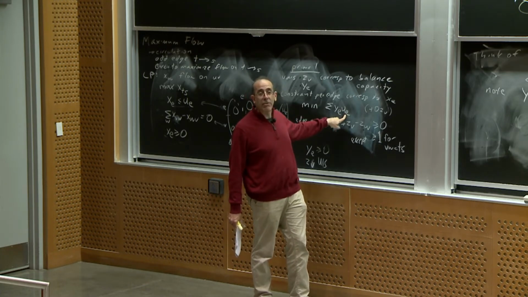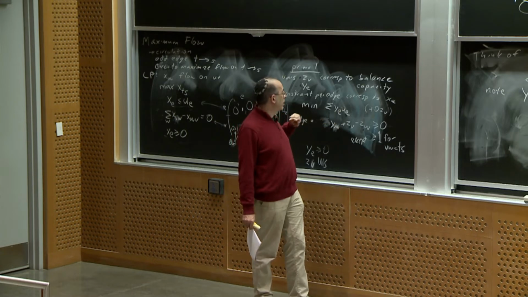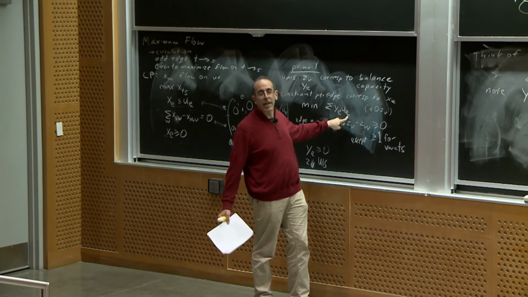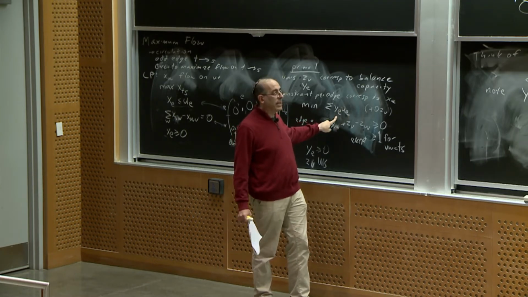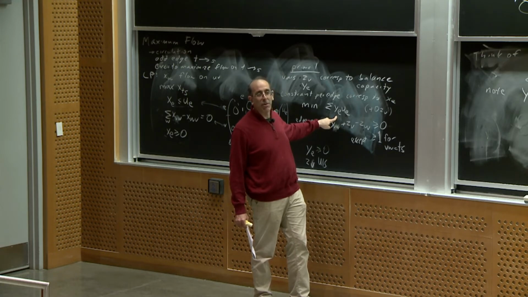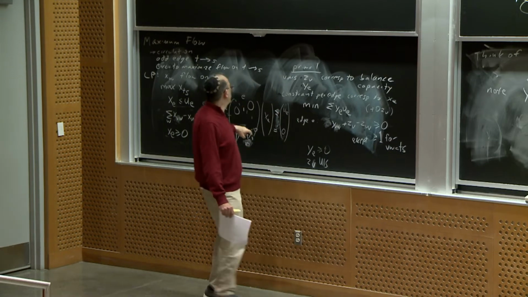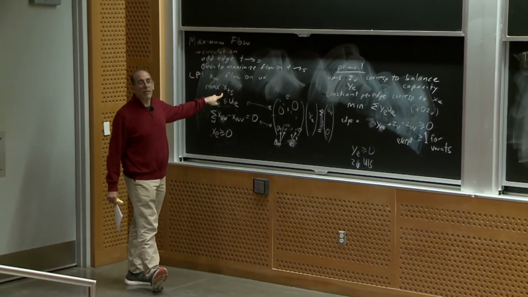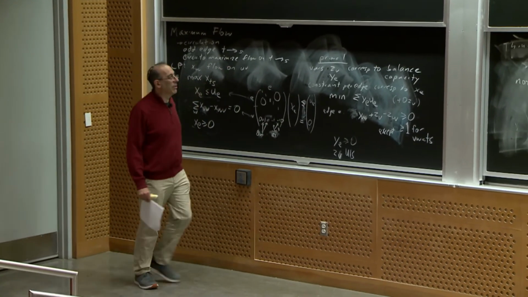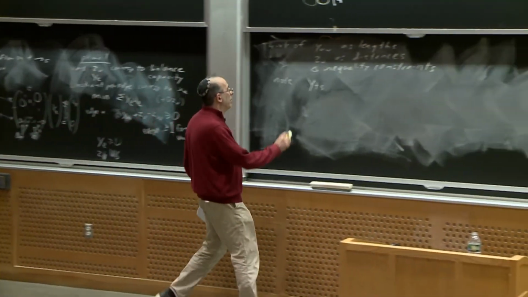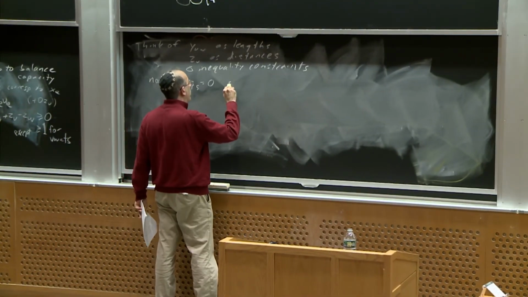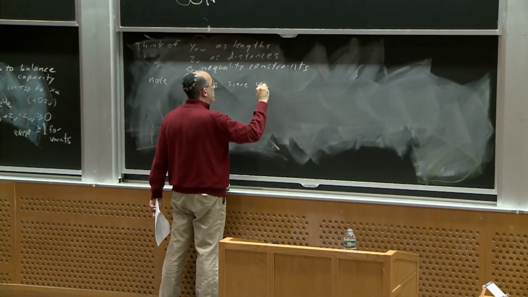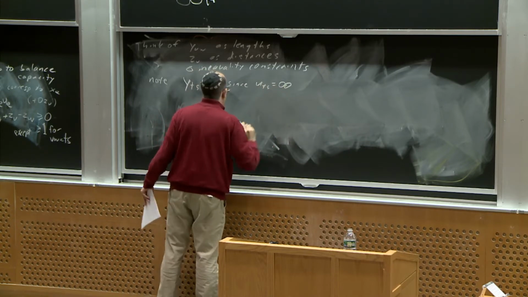Now, if UTS is infinite, then for any sane answer, YTS is going to have to be 0, because otherwise the value will be infinite, and infinity is not going to be the optimum of the original problem. So notice YTS equals 0 since UTS equals infinity.